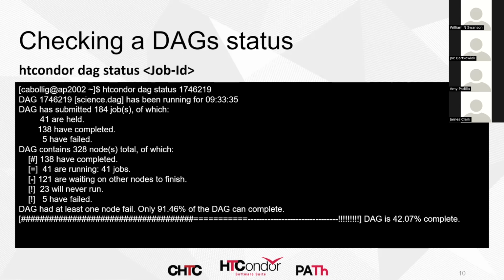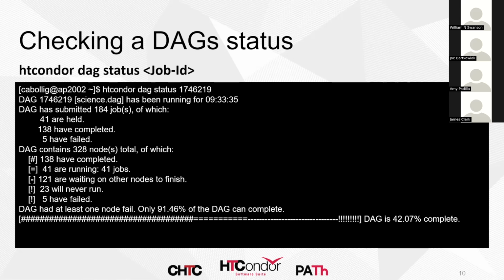So I have my DAG job, I don't want to say a number, but it's running science.dag, that's our DAG file. It's been running for 9 hours, 33 minutes, and 35 seconds. It has a total aggregation of jobs, actual jobs running in the queue or that have been submitted. So here we have 148 jobs that we have submitted, 138 have completed, 41 are held, 5 have failed. And then we have an individual node count because there's no longer this 1-to-1 ratio of a node as a job.